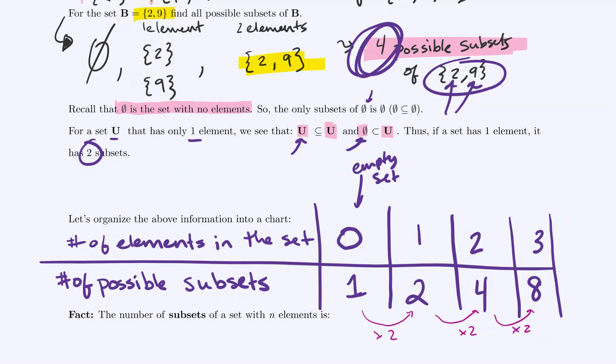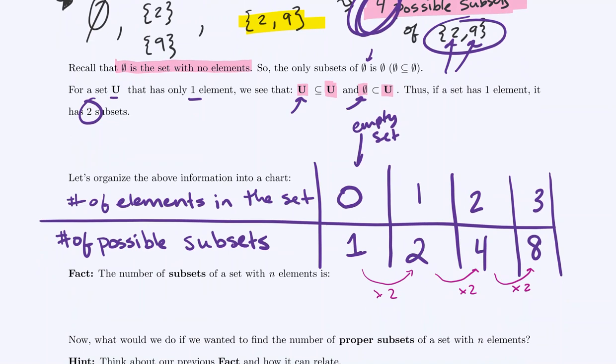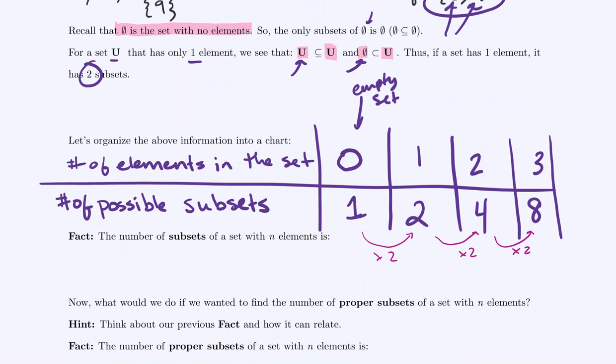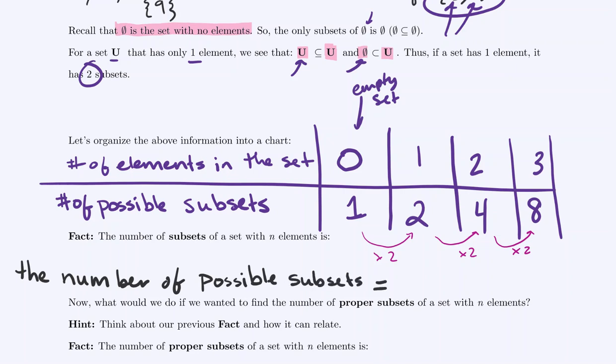The way you want to think about this is that there's one formula we want to keep in mind. The number of possible subsets is equal to, if you start off with a set with n elements, where n takes the place of the number of elements.